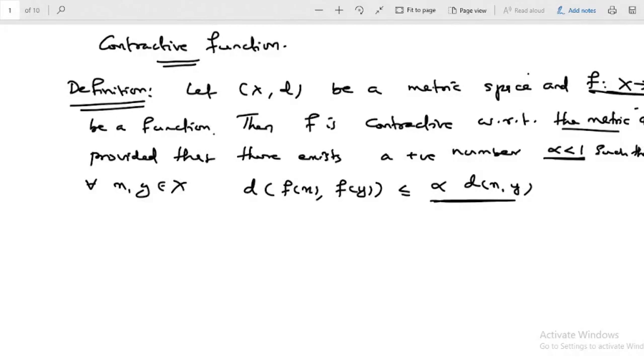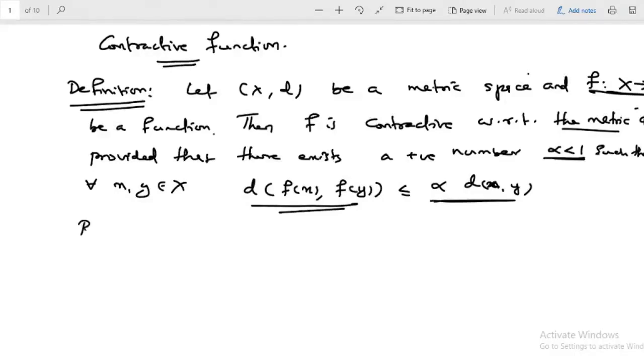So the distance between f of x and f of y is less than or equal to alpha into distance between x and y. This is the condition for a function from a metric space X to itself to be a contractive function.